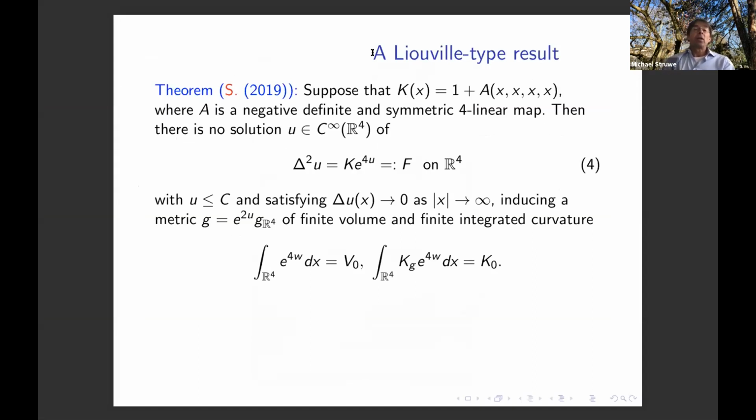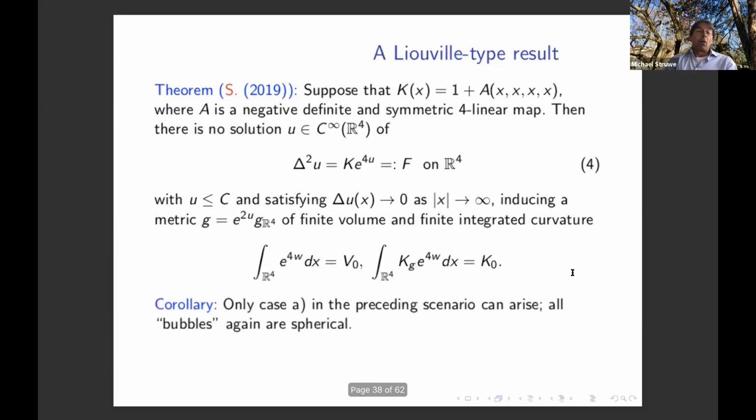And just like in the two-dimensional case, in this degenerate setting where the blown-up curvature is 1 plus A, this 4-linear form, which is negative definite and symmetric, then I prove that there is no solution of this prescribed Q curvature equation for this curvature which is bounded from above and satisfies the asymptotic condition Laplacian u of x tends to 0 as x tends to infinity, inducing a metric of finite volume and finite curvature, so that only the spherical blow-up is possible, just like in the two-dimensional setting.